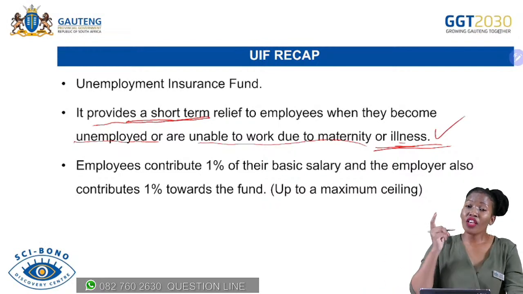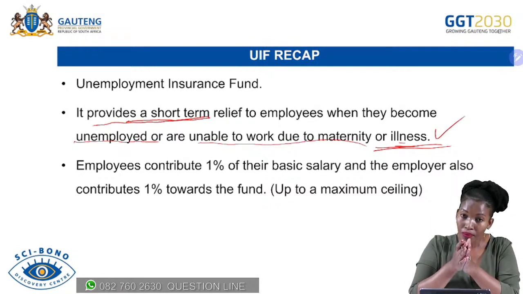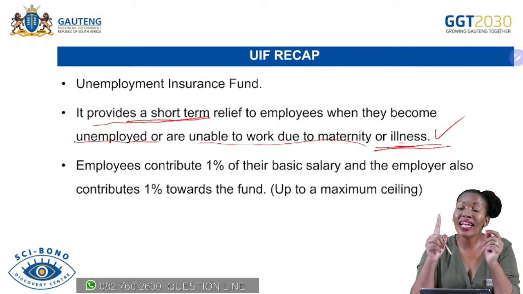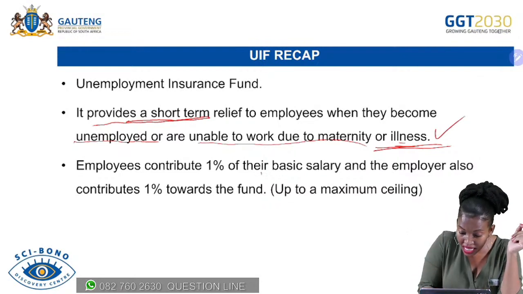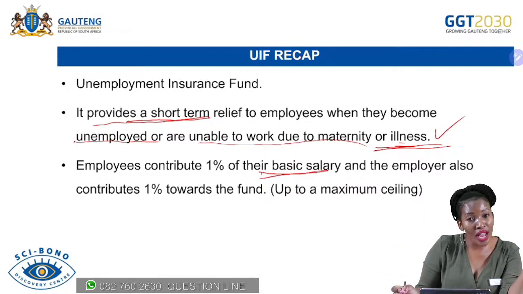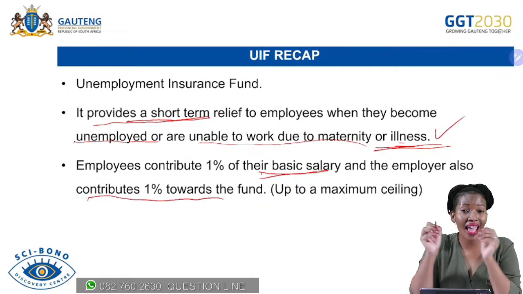And then the UIF contribution. As an employee, if you are the one that is working, you contribute 1% of your basic salary towards the fund. And your employer must also contribute 1% towards the fund.